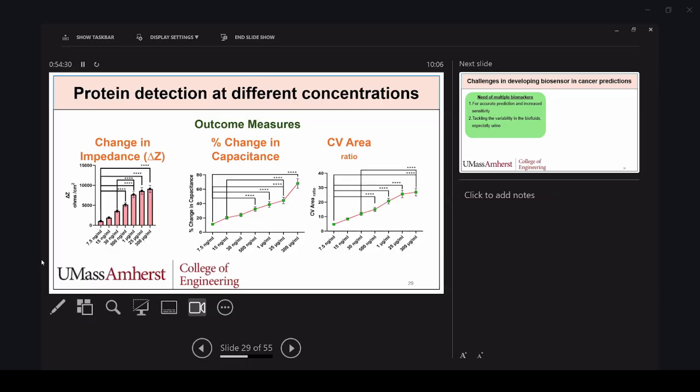You can clearly see that if there is a change in concentration, the change in response is very evident, right? Each concentration we did in triplicates. So for one protein in triplicates, and each concentration in triplicates, we get tons and tons of data, right?